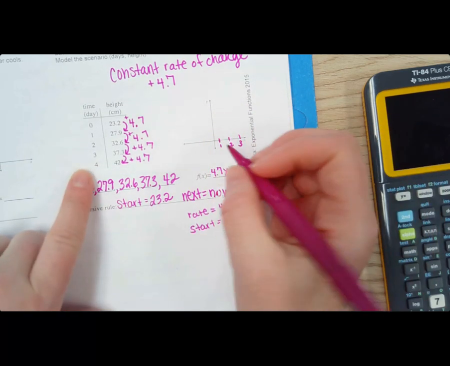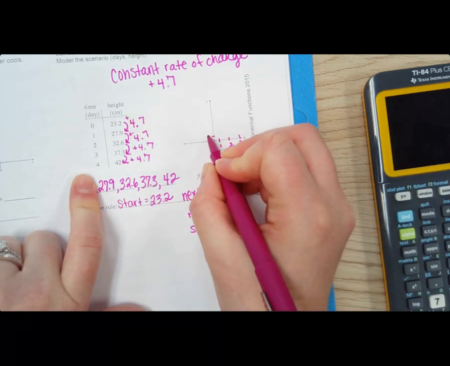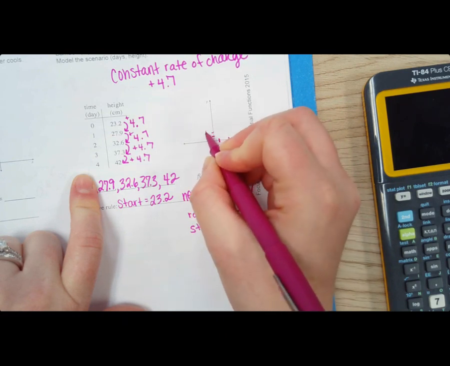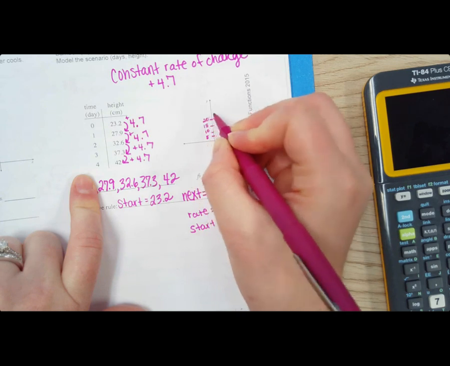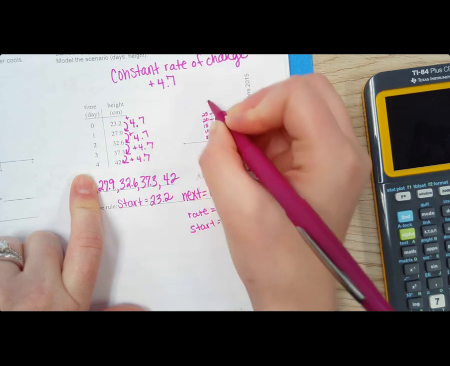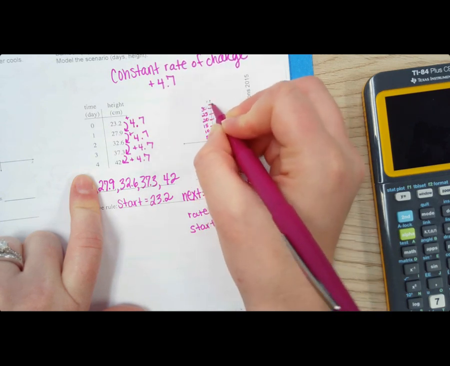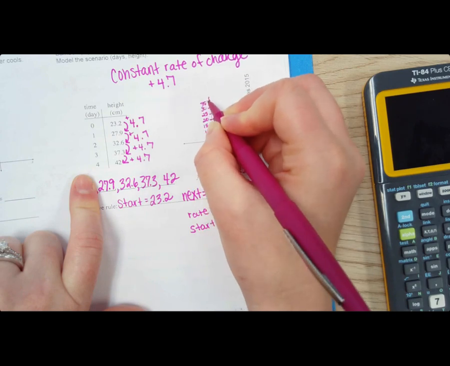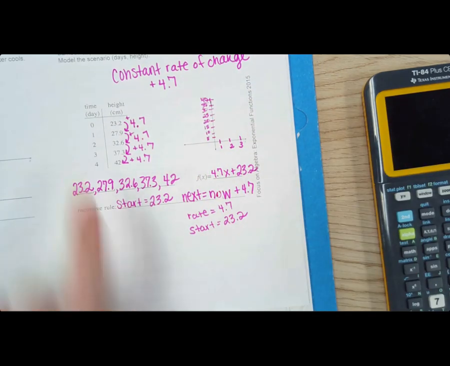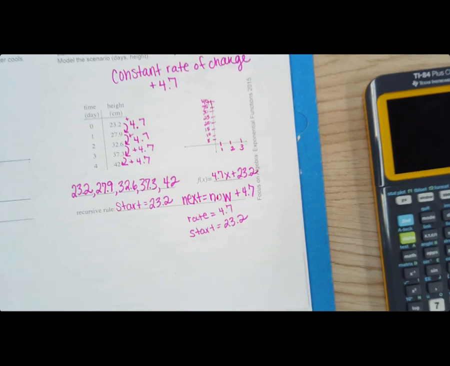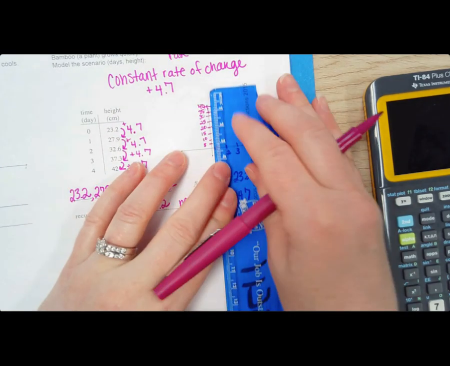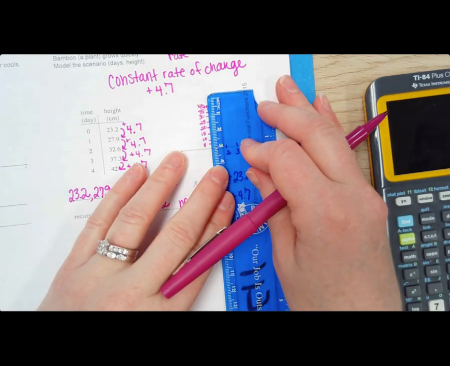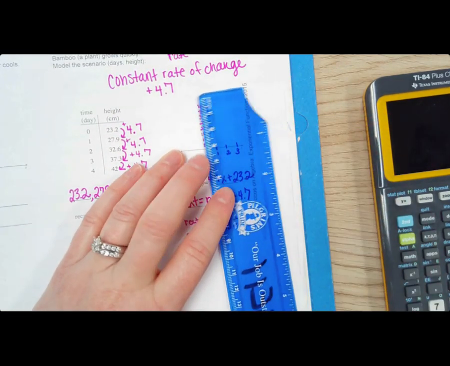I think 5s would be good. 5, 10, 15, 20, 25, 30, 35, and 40. I should have done it like I did last week where I used the ruler so it'd be evenly spaced, but I forgot. But you can use your ruler to make them more evenly spaced.